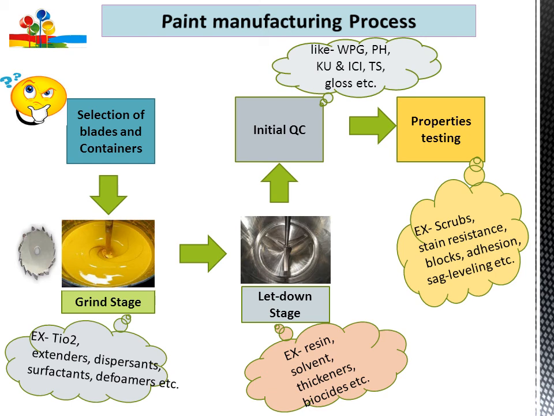You might have observed that once we apply the paint on the substrate, by spray or by brushing, we can see some sags. Sag means run down, so it should not happen. And leveling means once we apply paint, after drying the leveling should be very proper. There should not be any kind of brush mark or uneven surface, so it should be very smooth.